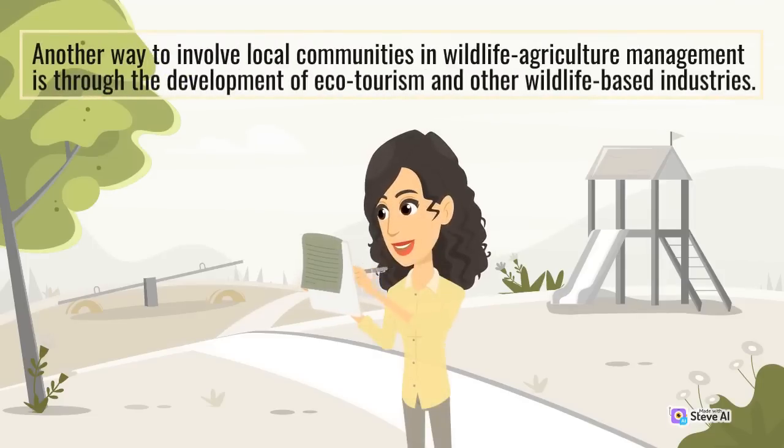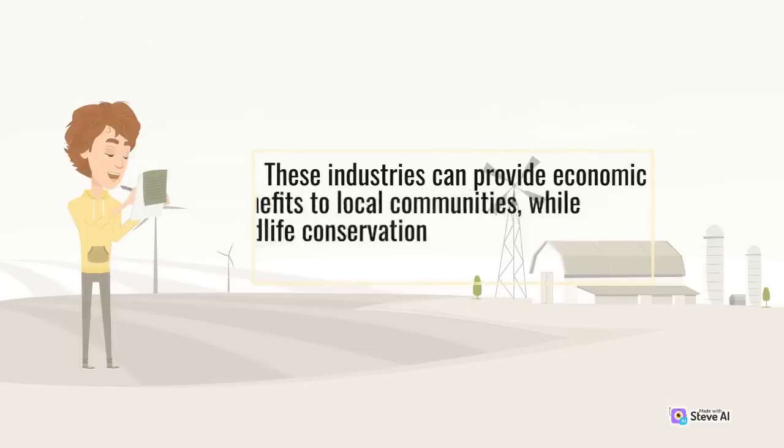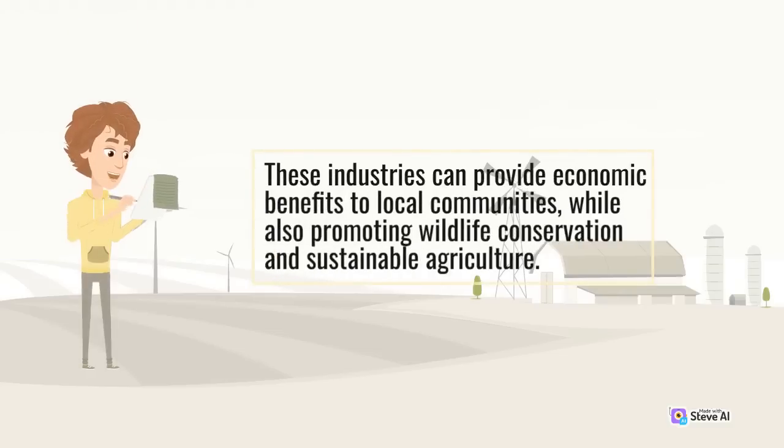Another way to involve local communities in wildlife agriculture management is through the development of ecotourism and other wildlife-based industries. These industries can provide economic benefits to local communities, while also promoting wildlife conservation and sustainable agriculture.